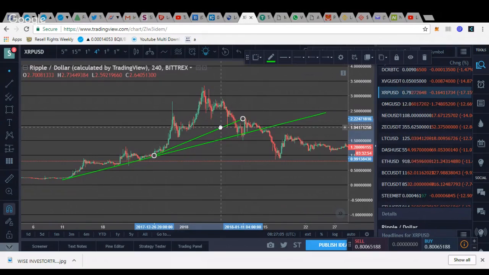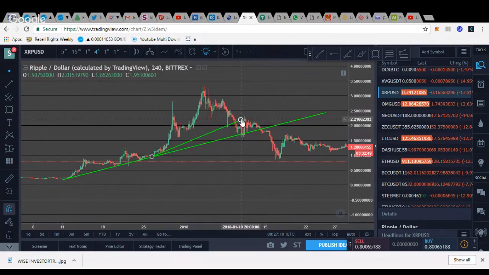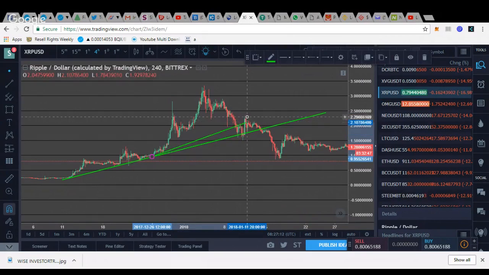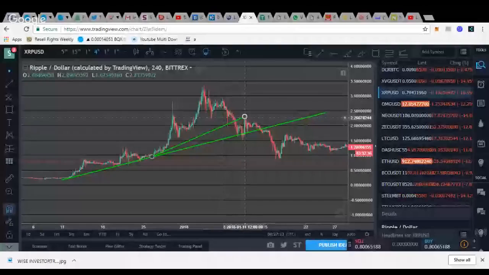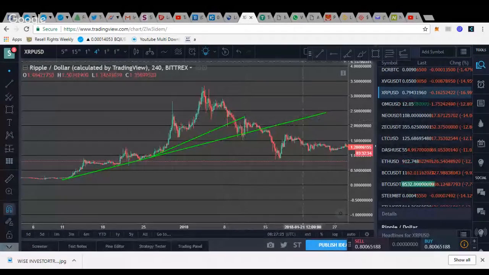So you can see from here now. All right, so we have this. Good. And you can see the market found resistance here and it bounces back again.